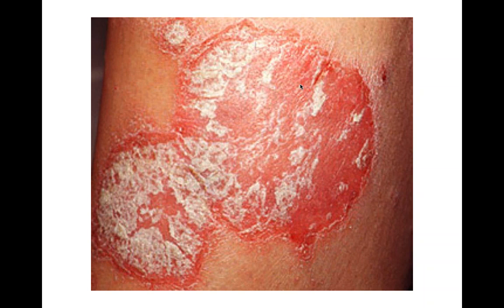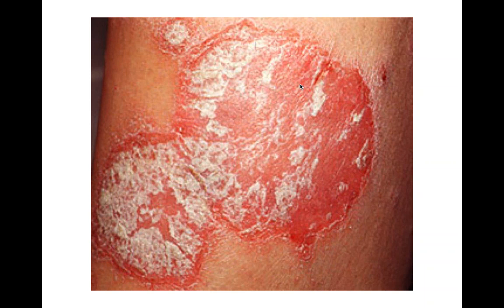On the face we use low potency steroids like hydrocortisone. Coal tar products can also be used, like calcipotriene, and if the psoriasis is generalized, then we go for PUVA therapy. Methotrexate can be given if the patient has psoriatic arthritis and has had psoriasis for many years. Then we use methotrexate or a TNF alpha antagonist.